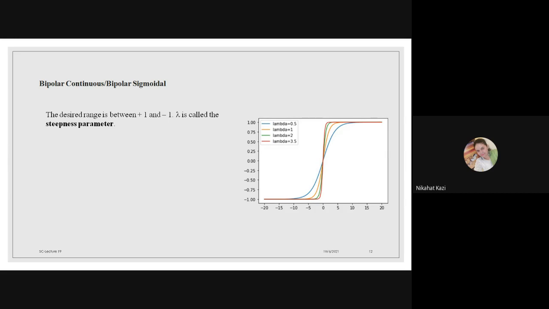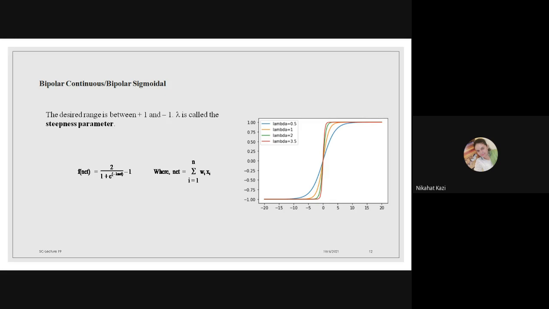It has a lambda, which decides the steepness of the sigmoid, but usually lambda is 1. So the equation becomes 2 upon 1 plus e raised to minus net, minus 1. That is the bipolar continuous function.